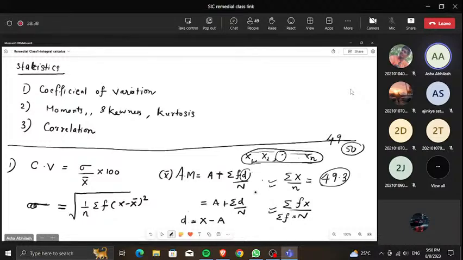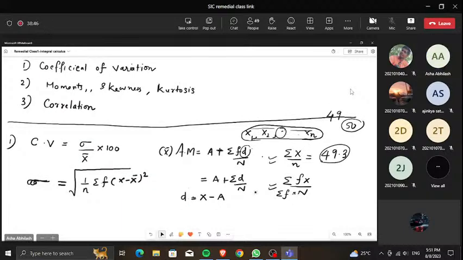If you have, suppose that your assumed mean is given over there, or you can also write this formula as root of 1 by n into summation.